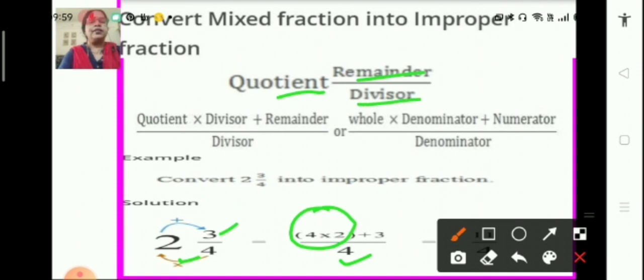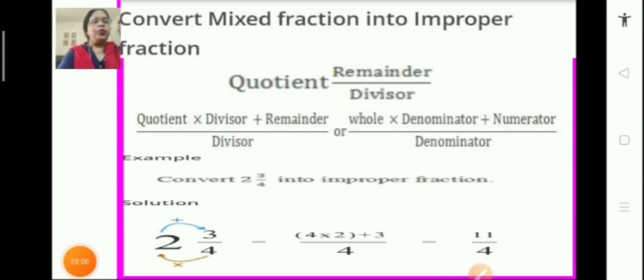divided by divisor. This is the mixed fraction, and how do we convert it into an improper fraction? We multiply quotient and divisor and add the remainder to it to get the numerator, and the divisor is the denominator.